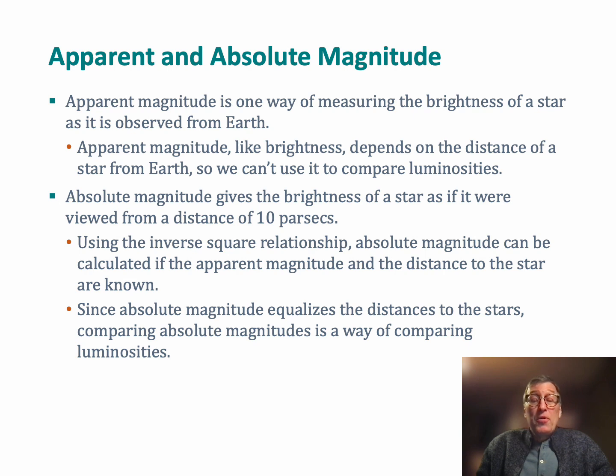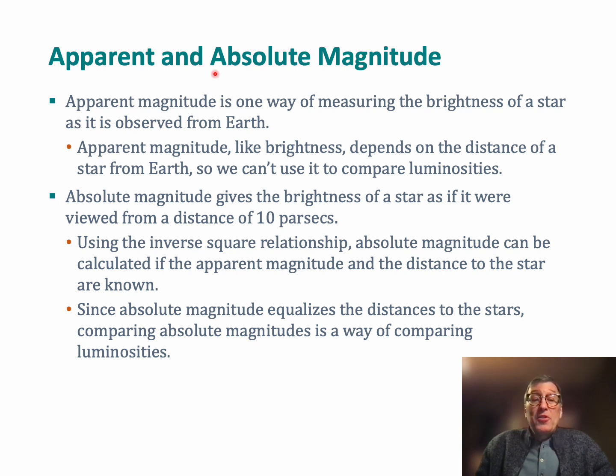So it's got the word appear in it, as it appears from Earth. So a very bright star that's very, very far away, I should say a very luminous star that's very far away, might look just as bright as a star with low luminosity that's near us.